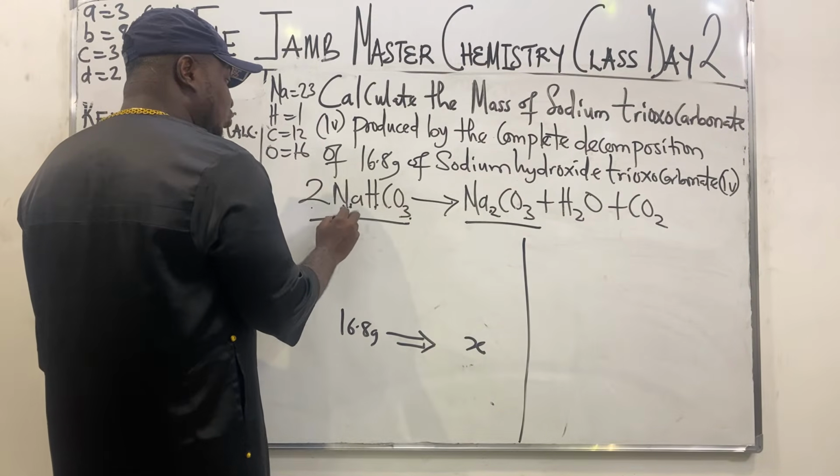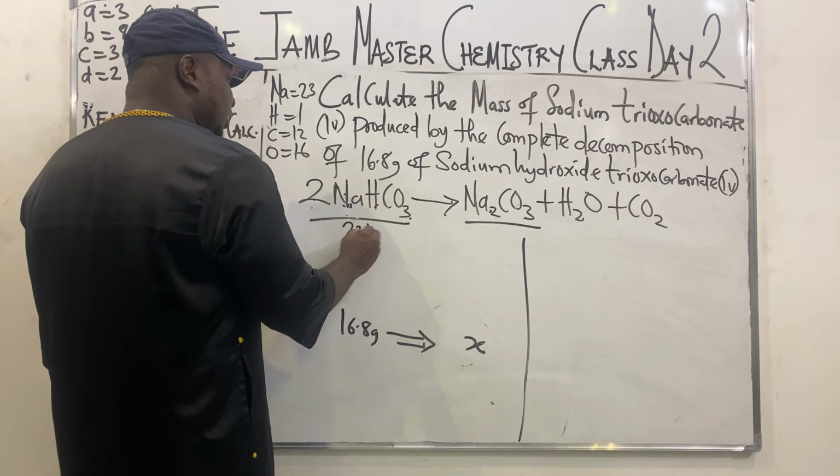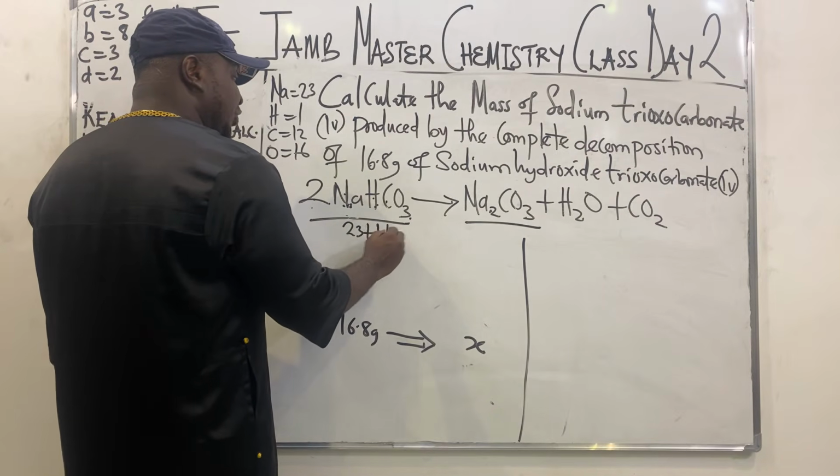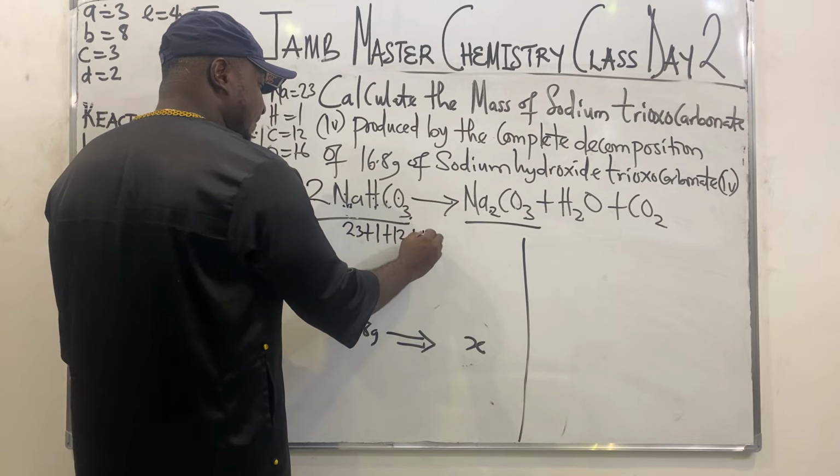Na is 23, plus H is 1, carbon is 12, oxygen is 16 times 3, 48.